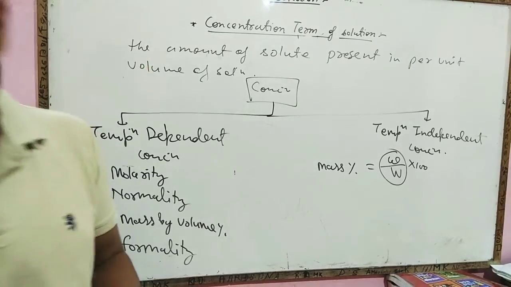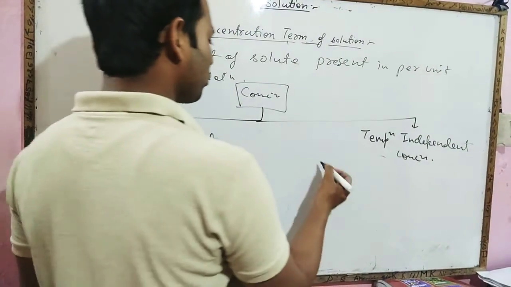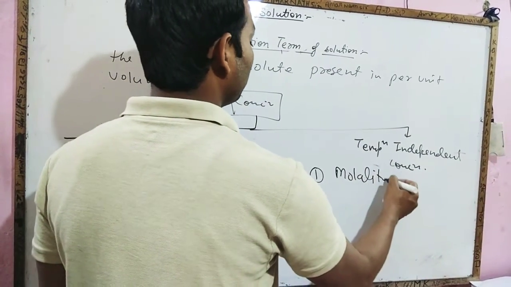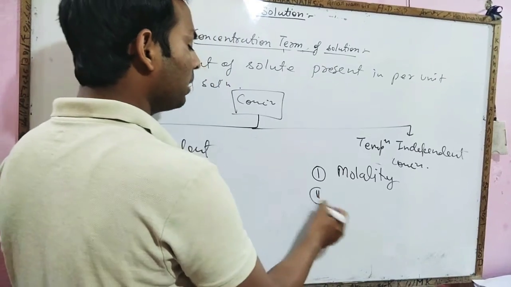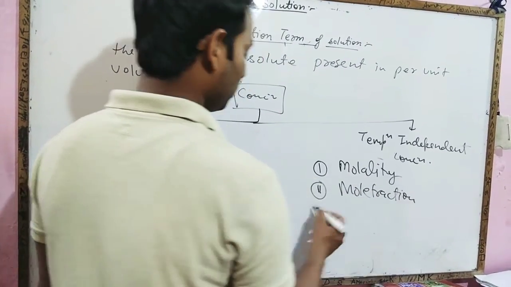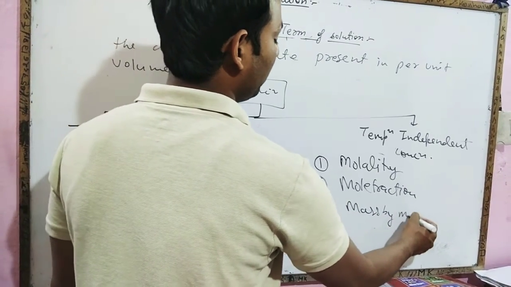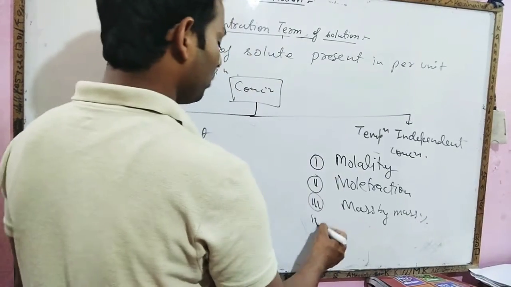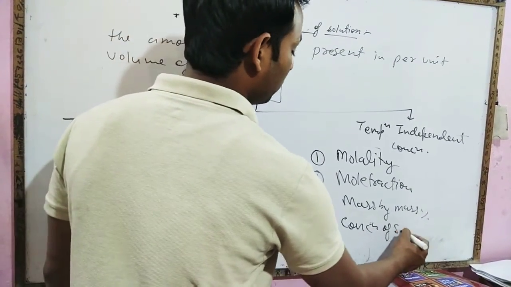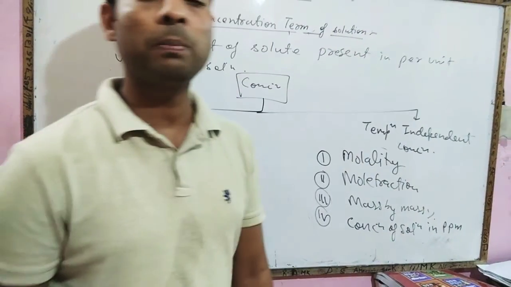Now temperature independent concentration. As I already told, there are also many types. The first one is molality. Second one is mole fraction. Third one is mass by mass percentage. Fourth one is concentration in ppm, concentration of solution in ppm. ppm full form is parts per million.